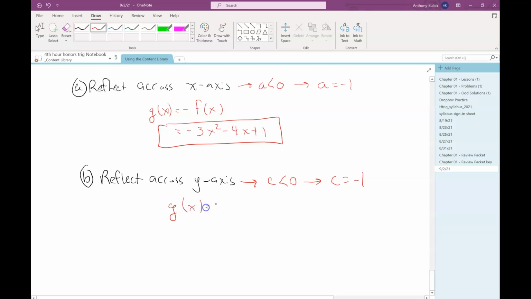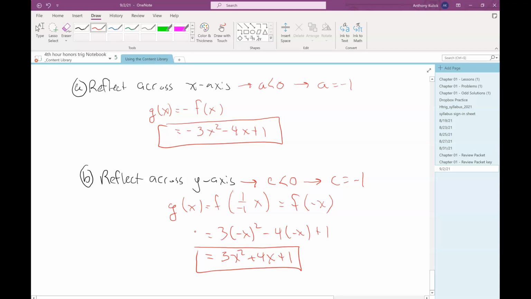So g of x should be f of 1 over -1 x, which is just negative x, right? So that's going to have me plug in negative x for x into my f of x. And when I simplify it down, I got that.